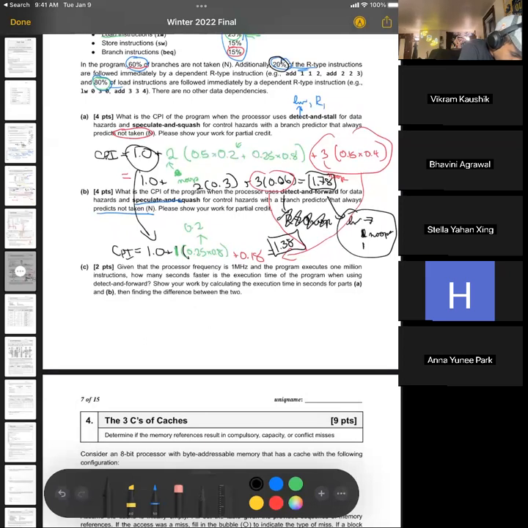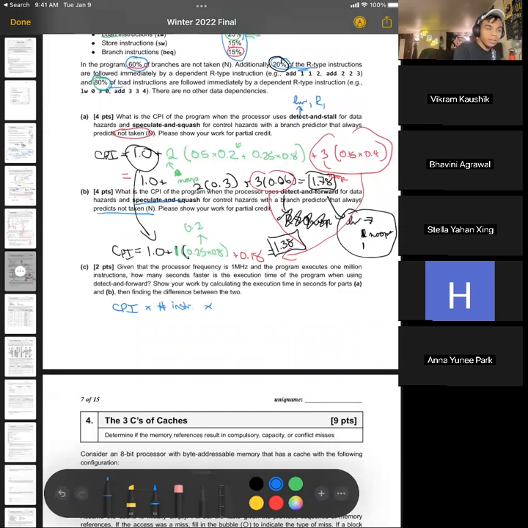It asks us, given that the processor frequency is 1 megahertz and the program executes 1 million instructions, how many seconds faster is the execution time for a program when using detect and forward? So the way that we calculate execution time is we take the CPI and we multiply it by the number of instructions, and then we multiply that by the frequency.